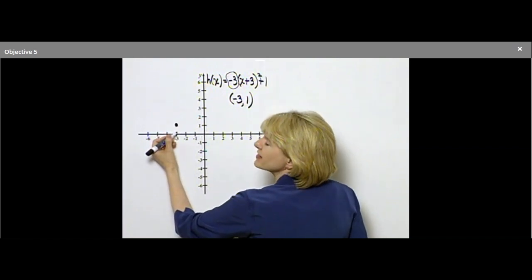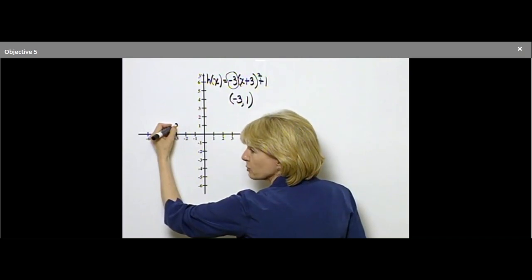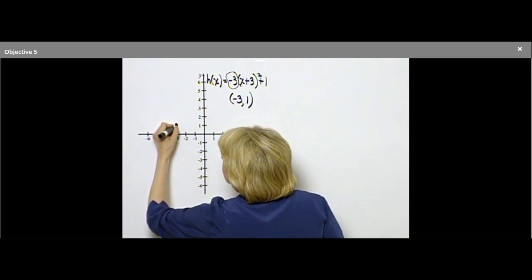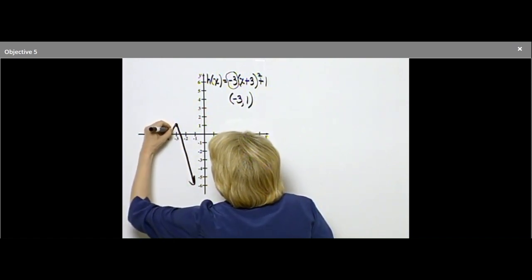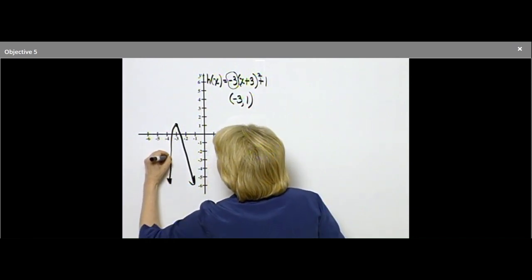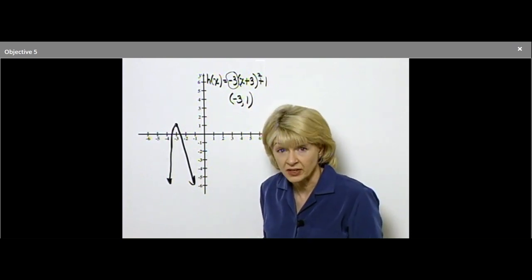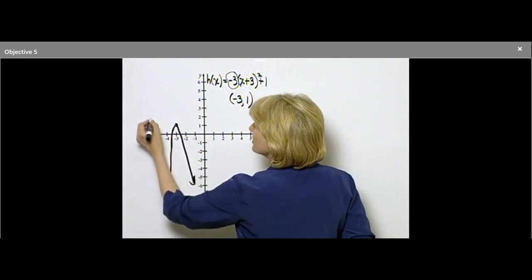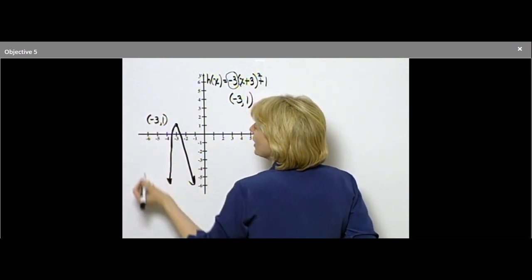Let's go ahead and then sketch, and that's all we're doing is sketching. I'm going to sketch a parabola opening downward and narrower than usual. There you go. And hopefully that looks like a function. Remember, everything that we are graphing is a function, so it passes the vertical line test. There we have it. My vertex has coordinates (-3, 1).